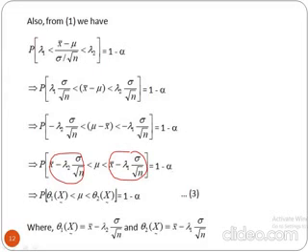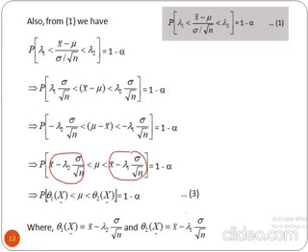This is equal to 1 minus alpha. We call this one theta 1(x) and this one theta 2(x), where we have defined theta 1(x) and theta 2(x), and we have named this equation number 3 because we will refer to this equation later on. This is actually our starting point.